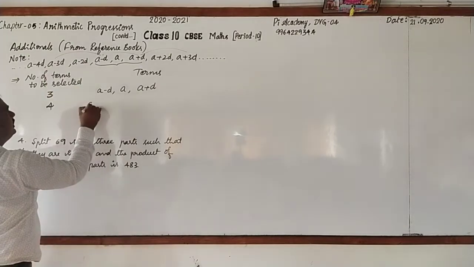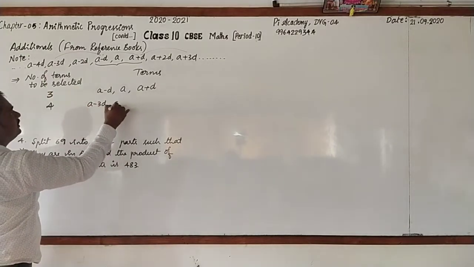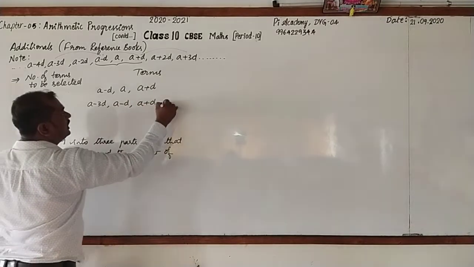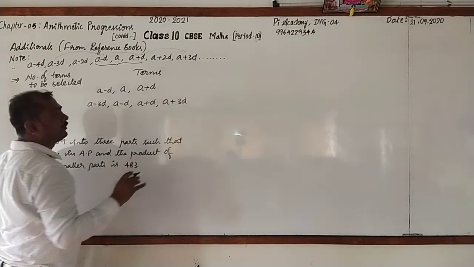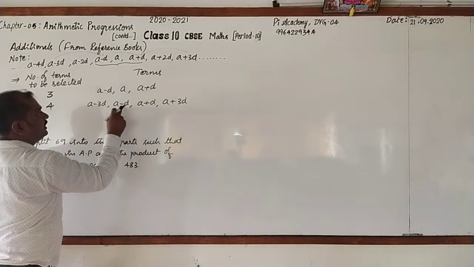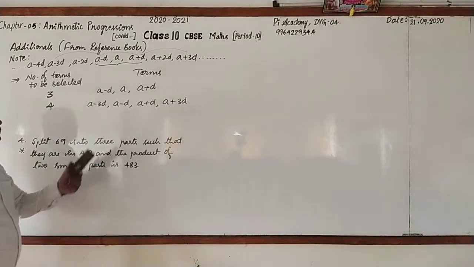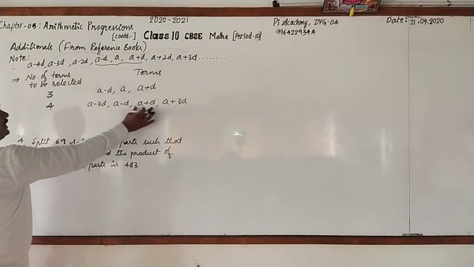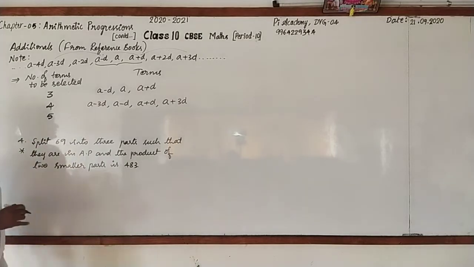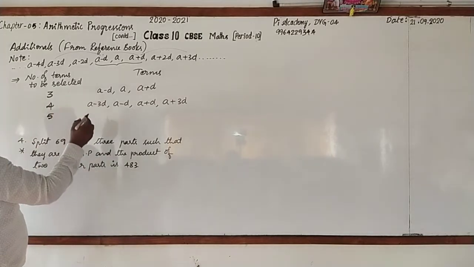It is A minus 3D, A minus D, A plus D, then A plus 3D. Followed? Count it. Minus 3D plus 3D, minus D plus D. The difference will be the same even when you take any two consecutive terms. If you need 5 terms, then you have to select like this.